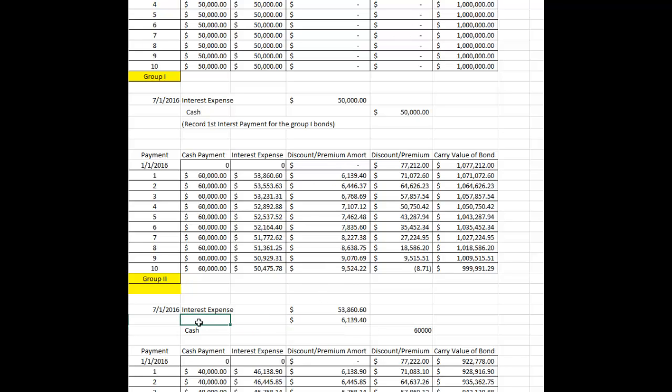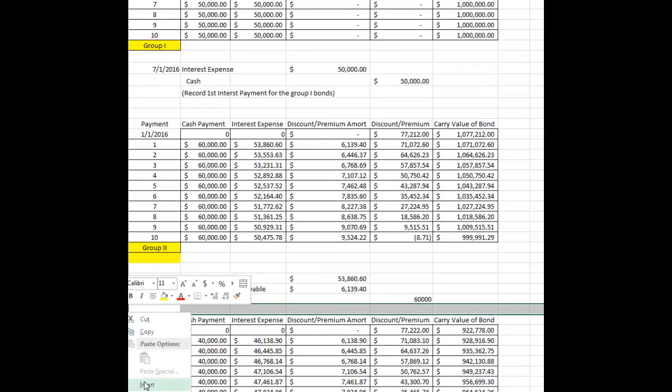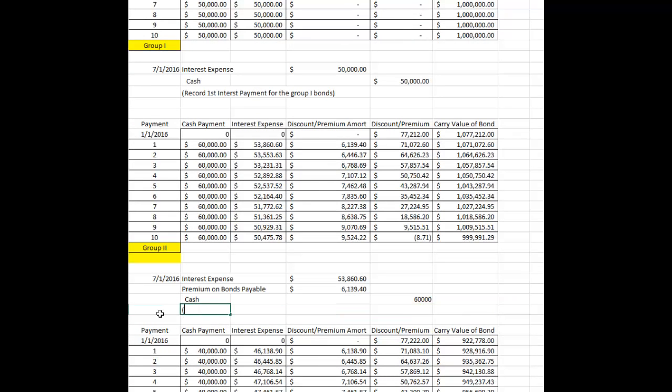And so that goes to this premium on bonds payable. So the description for that journal entry is to record the first interest payment for the Group 2 bonds.